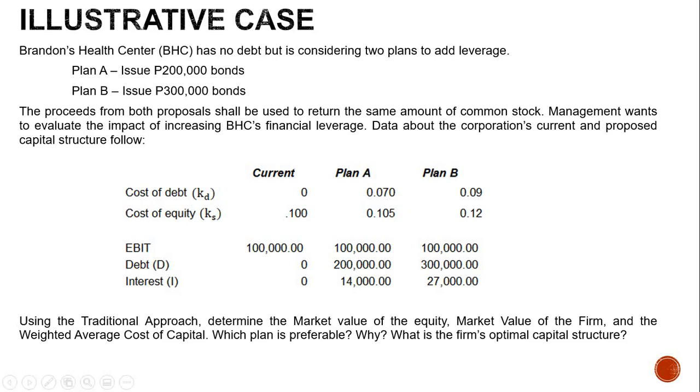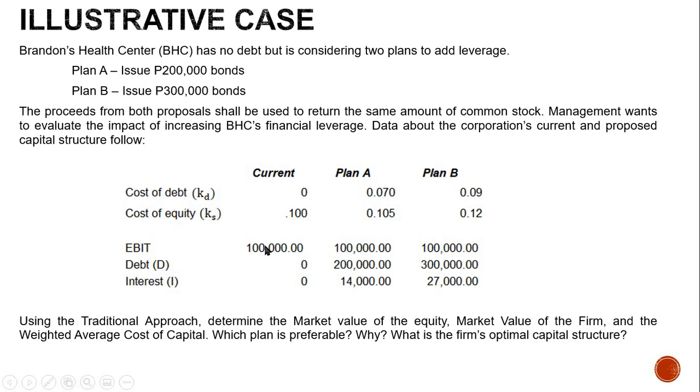Now, moving onto Plan B, wherein 300,000 bonds will be issued, the cost of debt will be at 0.09. So as you can see, when the financial leverage increases or when you borrow more money through debt, tumaas din yung kanyang cost of debt, right? From 0.07 naging 0.09.